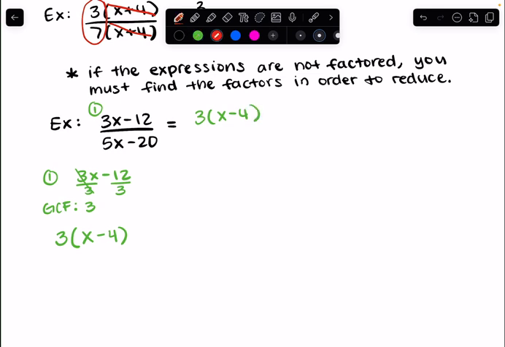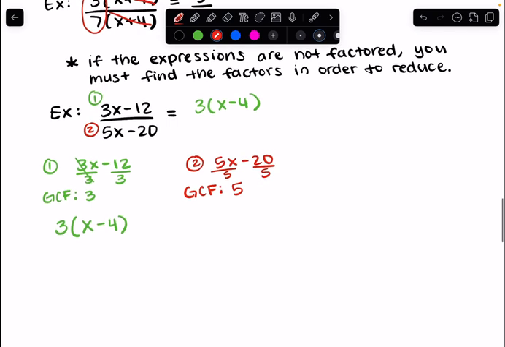Okay, so again, for visual purposes, let me go ahead and number this one. So now I'm going to work on the denominator. So we have 5x minus 20. So here you're going to find the GCF for this one. So here I know that I can take out a 5 from both terms here. That is the greatest common factor for this one.